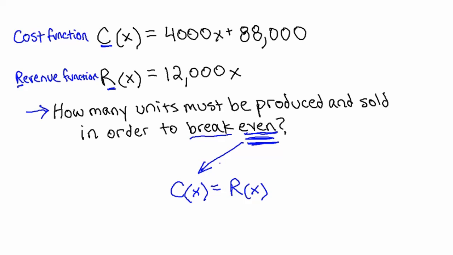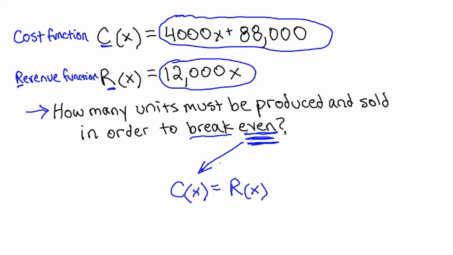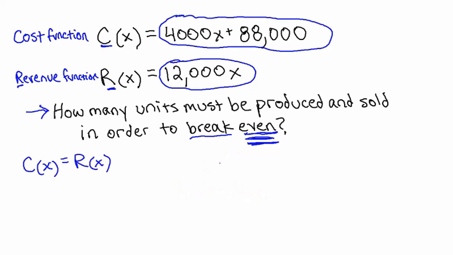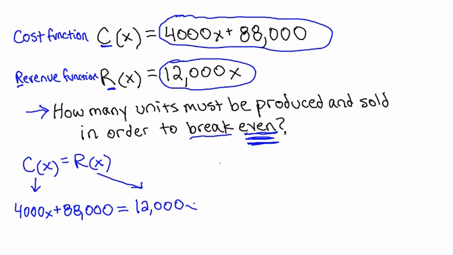So how we figure that is we take the cost function and we equal it to the revenue function. So we're going to put the cost, 4,000x plus 88,000, equal to the revenue function, which is 12,000x.